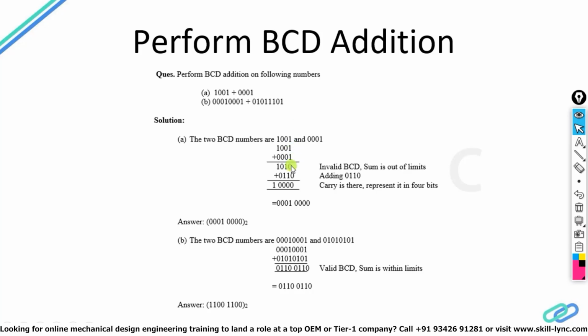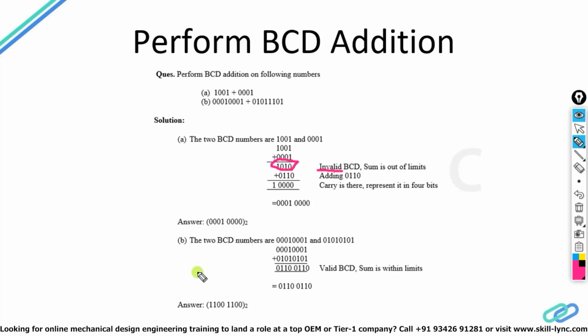Whenever you add them, you get 1010. Taking 8421, it is 10. The rule says if the number is less than or equal to 9, it is valid, otherwise it is invalid. Because we are getting 10 here, it is an invalid BCD sum.